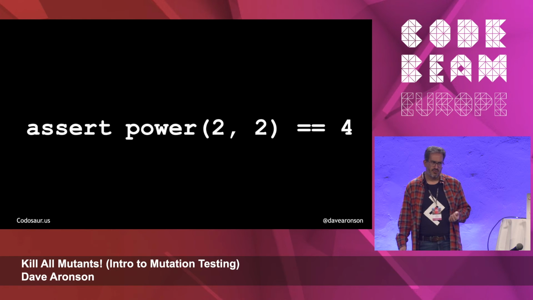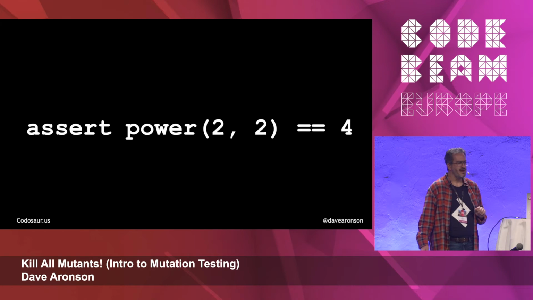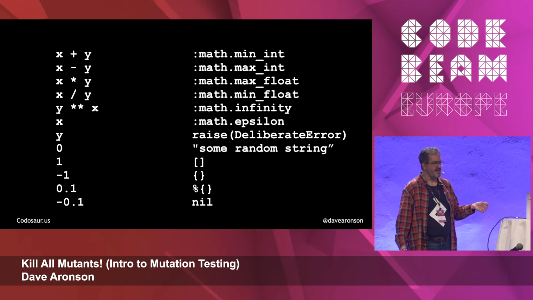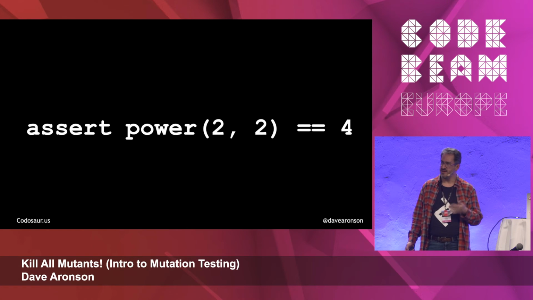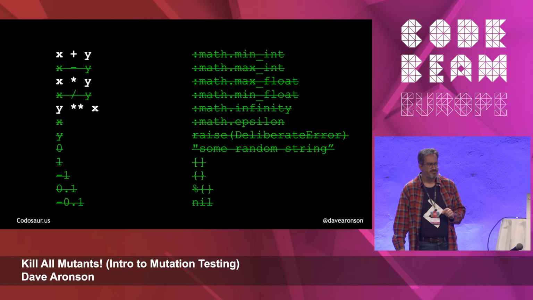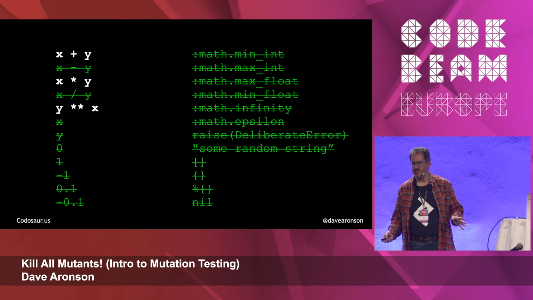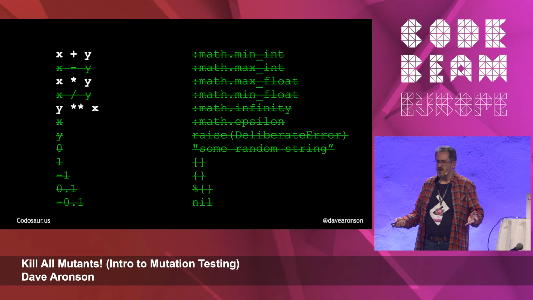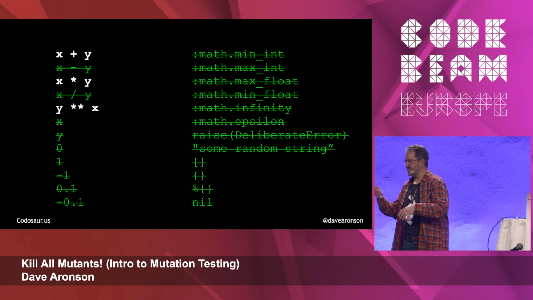That's a rather poor test, and I think why is immediately obvious to a lot of you. But even so, most of the mutants on that previous slide would get killed by this test, the ones shown here in crossed out green. The ones returning constants are very unlikely to match. There's no particular reason our tool would have the function return a 4 as opposed to 1, 0, -1, and so forth.